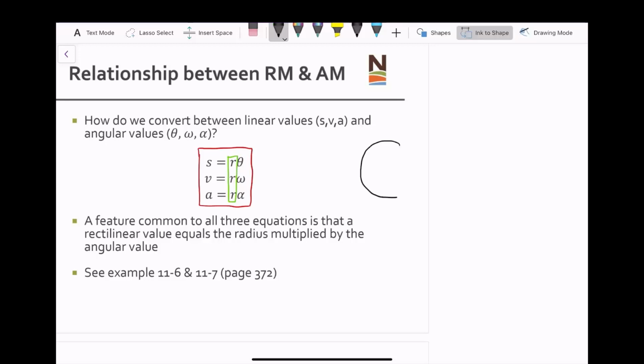So as an example, we have a circle here and it's rotating about its center position. We'll say that it is rotating with an angular velocity, so that would be omega here.